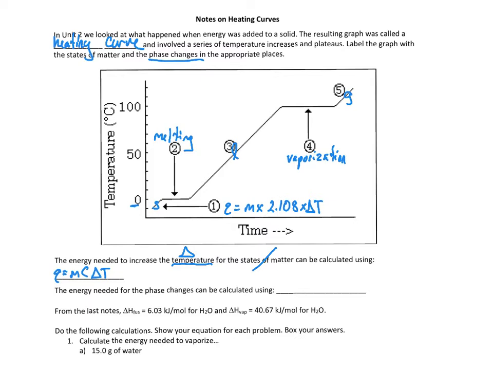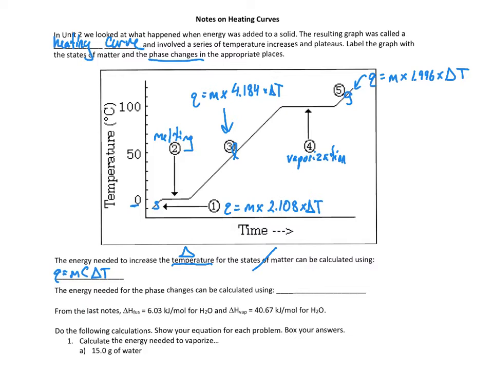And for our liquid water here in section 3, this would be Q equals m times the specific heat of liquid water, which is 4.184, times delta T. And for our gas over here in section 5, this is going to be Q equals m times the specific heat of steam, which is 1.996, times the change in temperature.